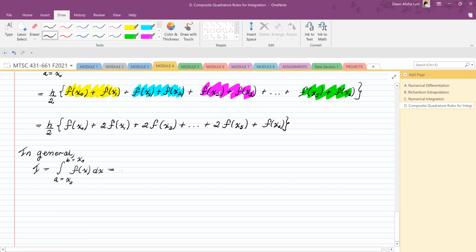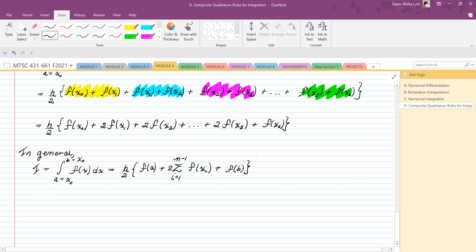It's going to be h over 2, and then you're going to get f at a plus the sum i equals 1 to n minus 1 of 2 times f at xi, and put a 2 in front, plus f of your last element, f of b.